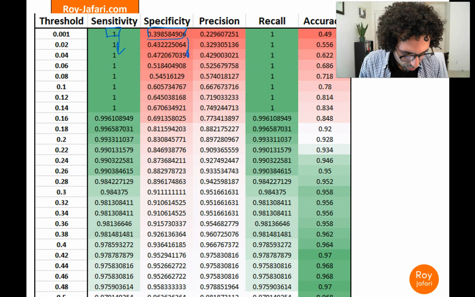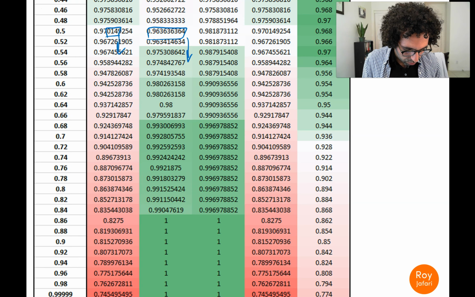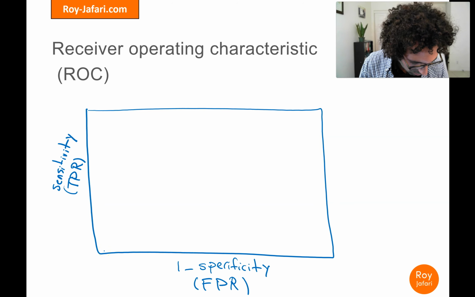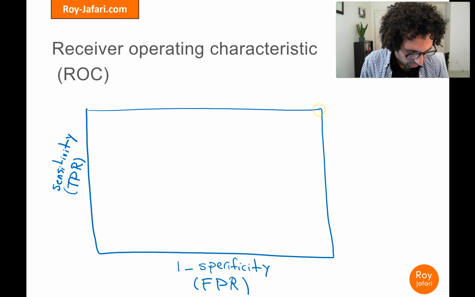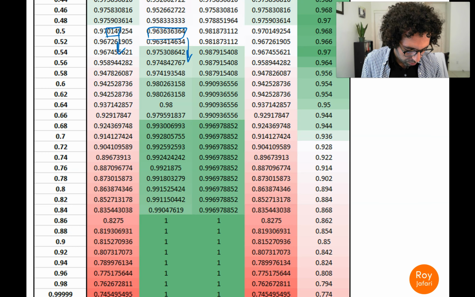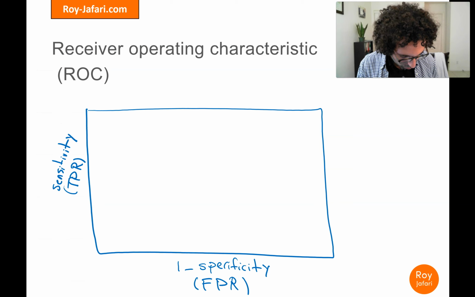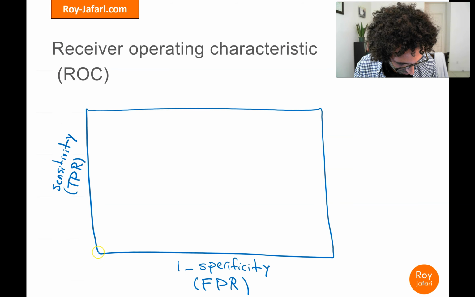You start from very high sensitivity and very high 1 minus specificity, so you start from here and move up. Here we have 1 minus specificity, which is 0.